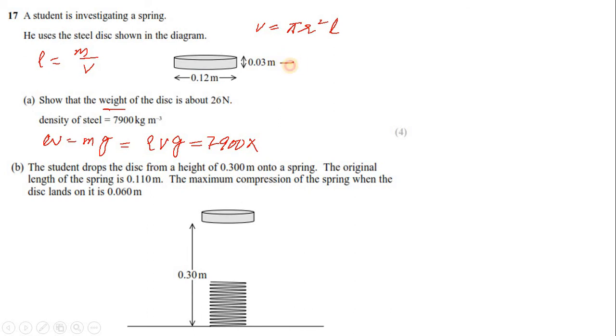In this case, this is your thickness or length or height, whatever you say, and this is your diameter, and the radius can be found from the diameter. So pi is 3.14, and r squared is d by 2, which is 0.06 whole squared, and L is the thickness, so 0.03. Once you solve this, W would be equal to 26.29.